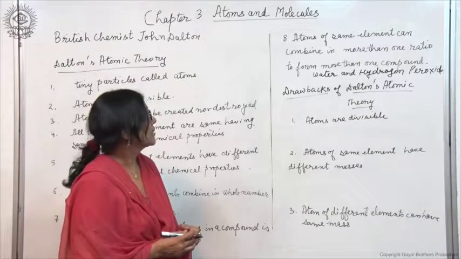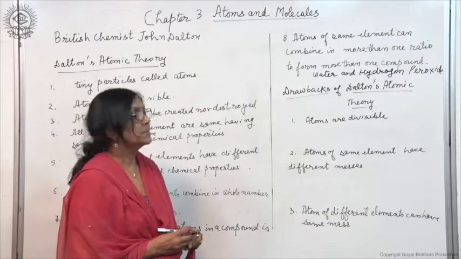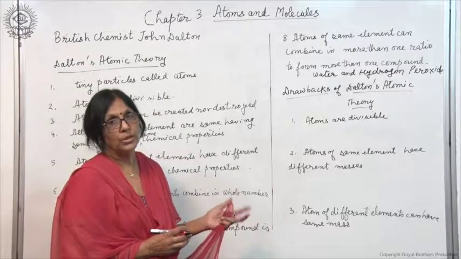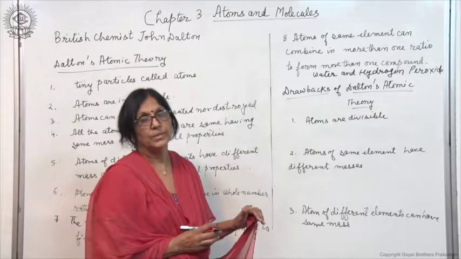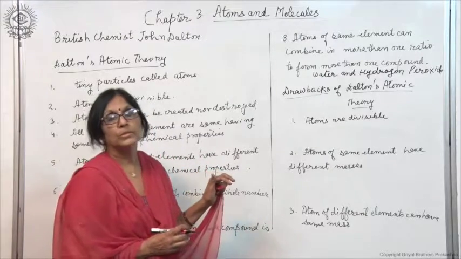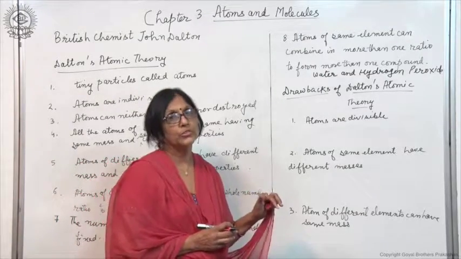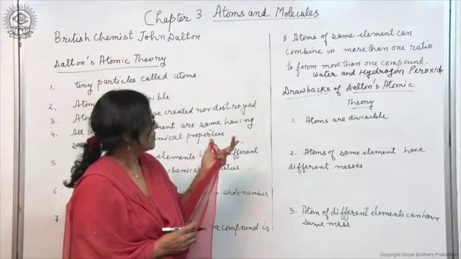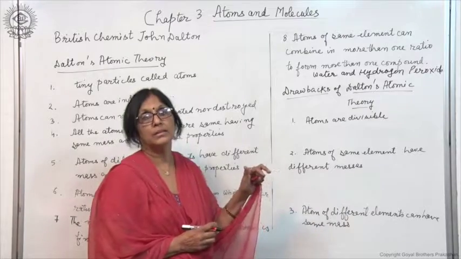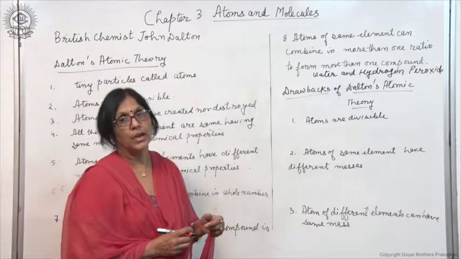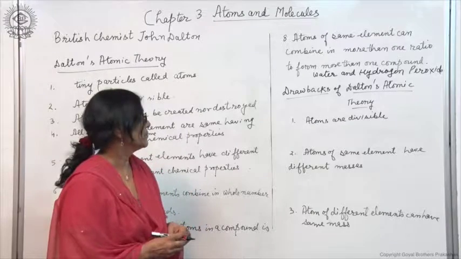In hydrogen peroxide, the ratio of hydrogen and oxygen is 2:2, that is, 2:32 or 1:16 by mass. So, the same elements hydrogen and oxygen combine in different ratios to form different compounds, water and hydrogen peroxide.